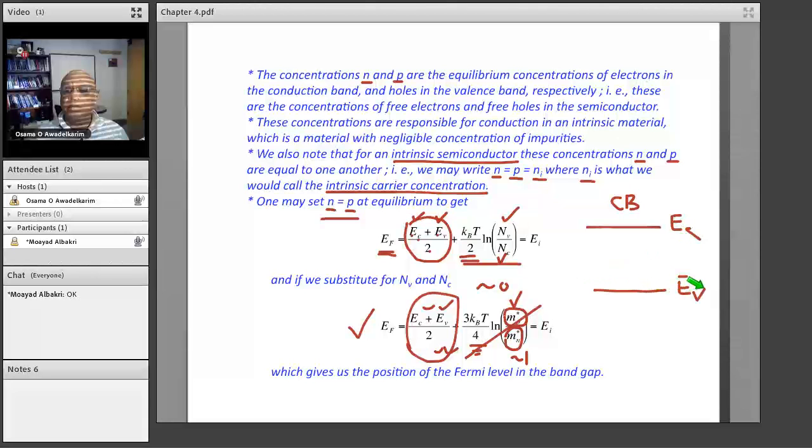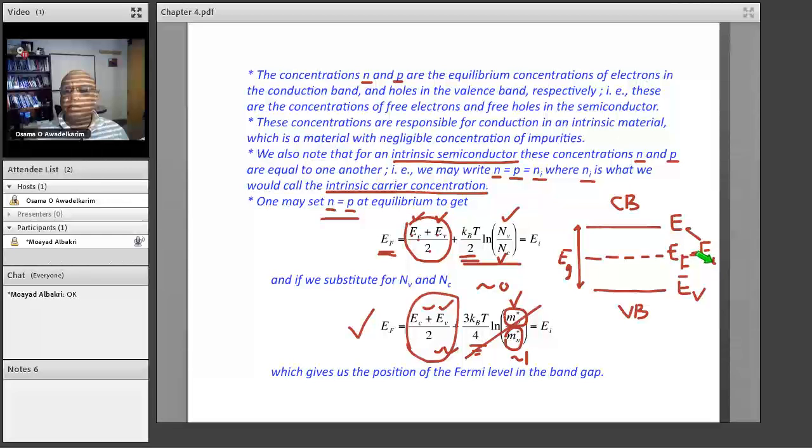This is your valence band, and this is your EG, which is your band gap. The Fermi level for this intrinsic semiconductor, EF, which I'm going to call EI, special Fermi level EI, I for intrinsic.